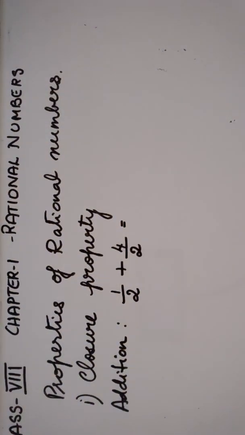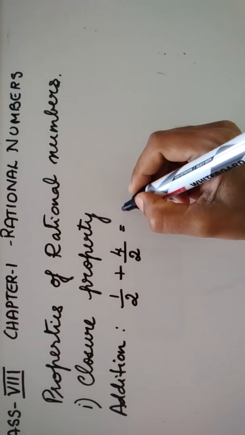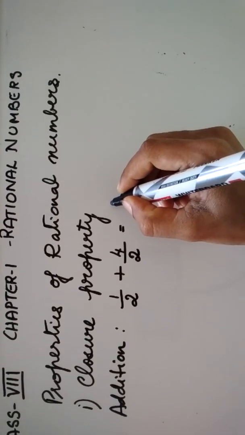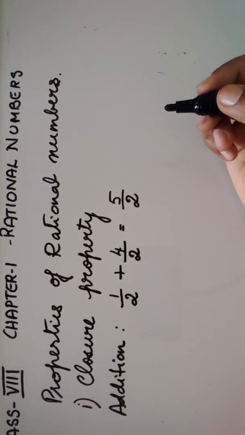Just recall how to add the rational numbers when the denominators are same. How do you add? You add the numerators and you keep the denominators same. That is, you get 5 divided by 2, isn't it?